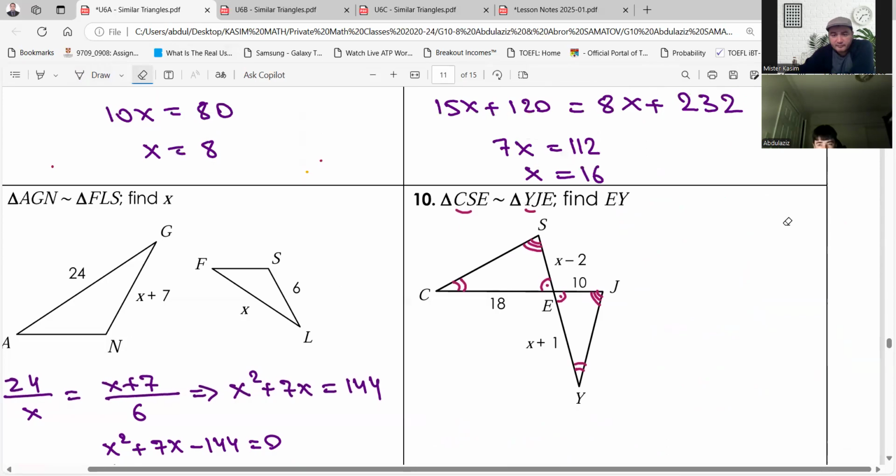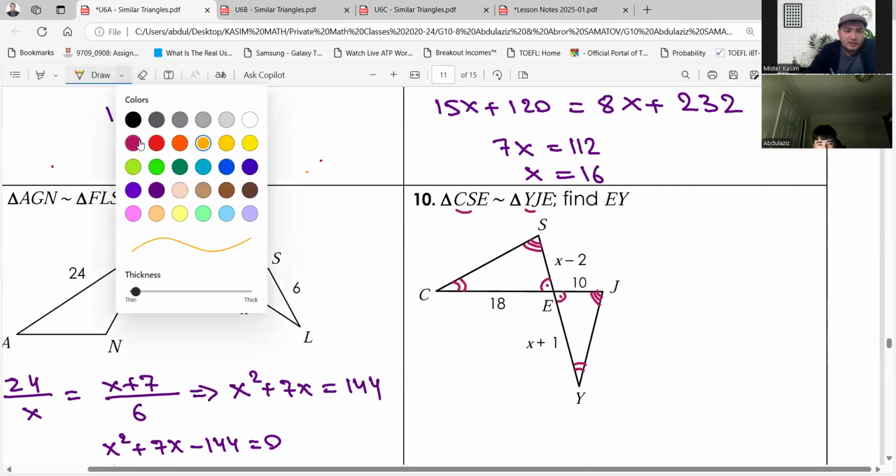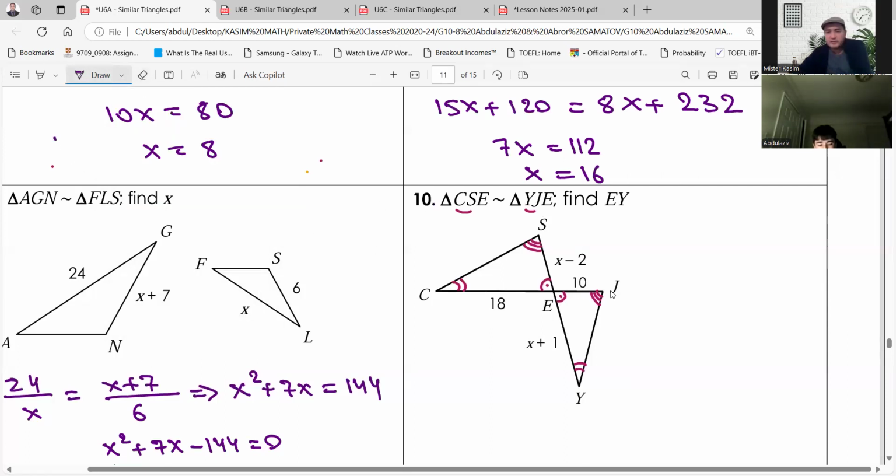Okay. Now in the question, it says that triangle CSE is similar to YJE. If you are struggling to understand this, I suggest you write the ratio using the vertices. Let's start with CS. CS corresponds to what side?